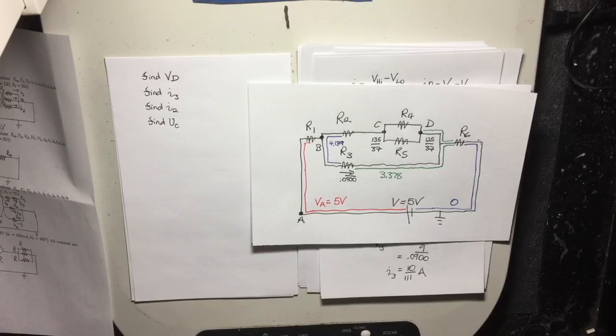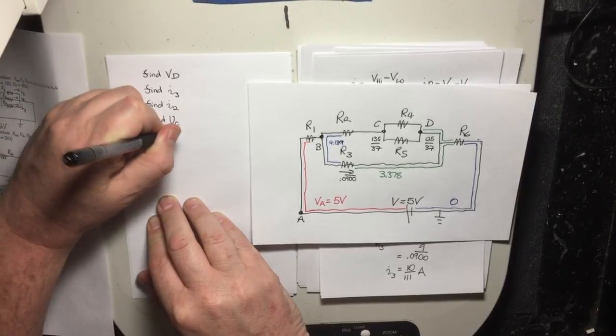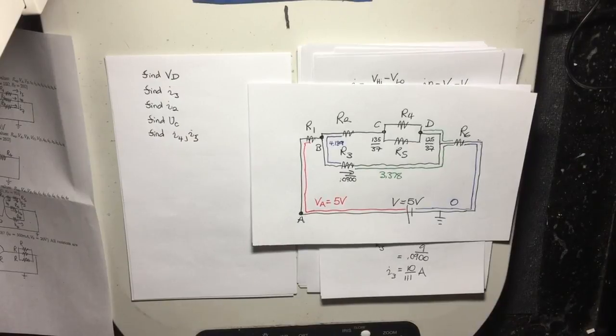And now that we have V sub C, we find I4 and I5, and then we're done.